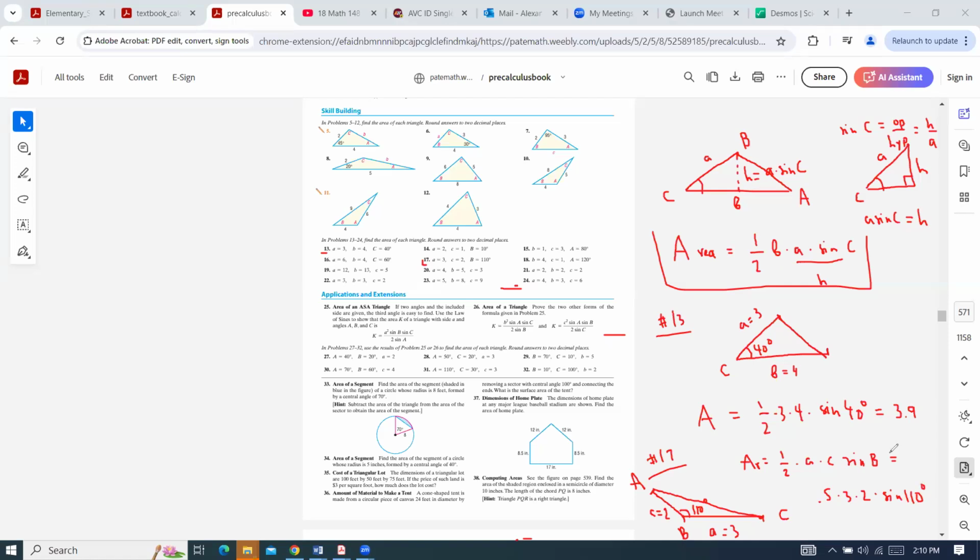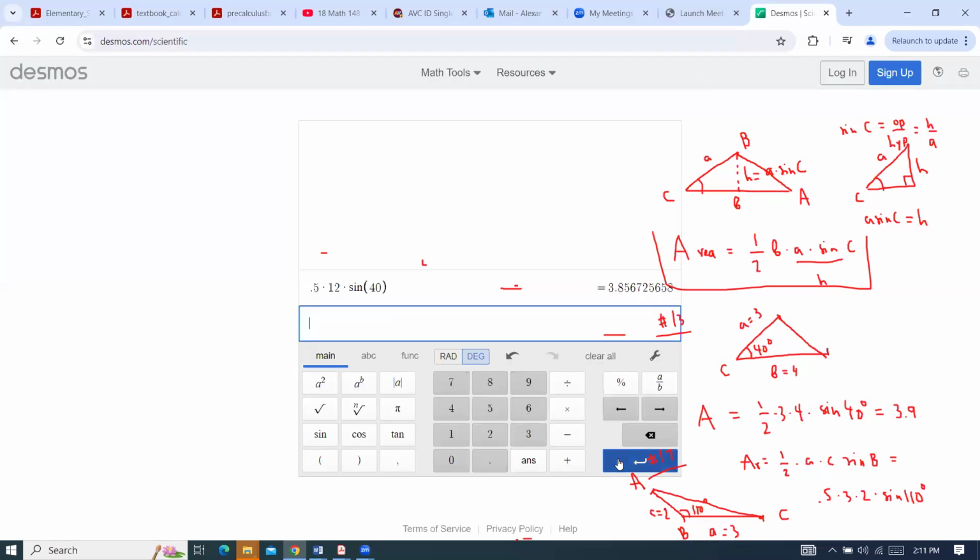So I think it's a pretty straightforward section, right? Someone told me last time that the previous section was nice. I think this one will be even nicer, right? So 3 times 2 times sine of 110. And the trigonometry should not be too bad, because I know that the experience of the previous chapters was not the best.